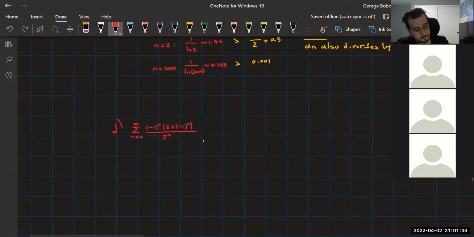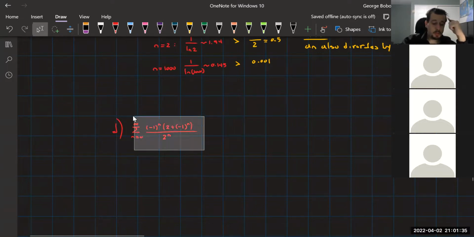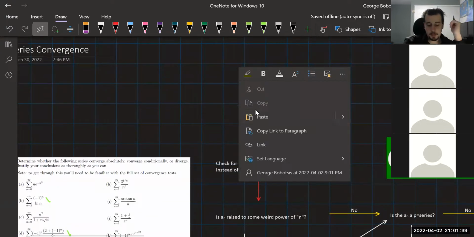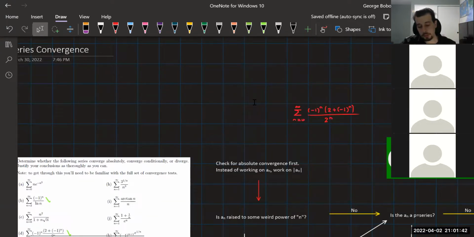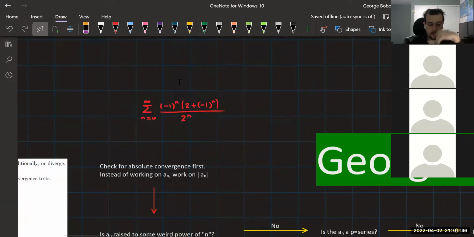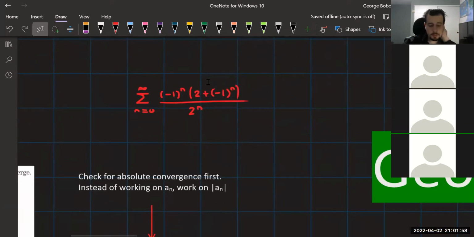Okay, so again, we start rolling the dice here, forwards, go back up. So working a little bit with Leah. What's my first thing that I need to do here, Leah? Check for absolute convergence. Okay, so I'm thinking right now how to deal with the inner negative 1. It says 2 plus that, and I'm thinking a little bit how to deal with that guy.